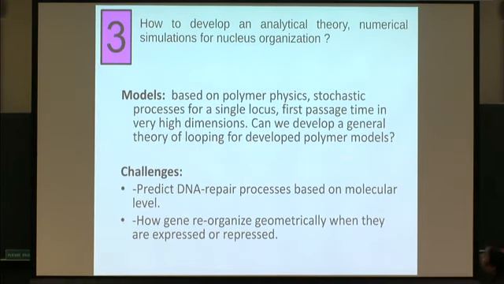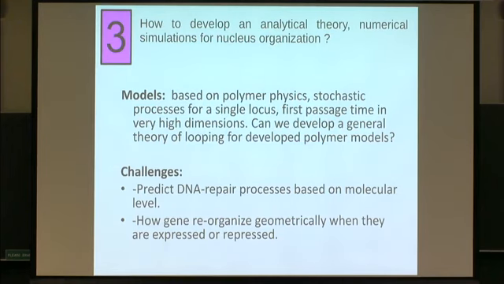Okay, so how to develop and analyze the nucleus organization. Last week, for those of you who were with us, there was a first lecture. I'm not going to repeat and summarize what has been said. But basically the idea is, can we use polymer physics, stochastic processes, for a single locus, first passage time, in very high dimensions?